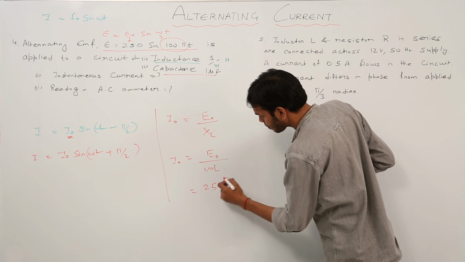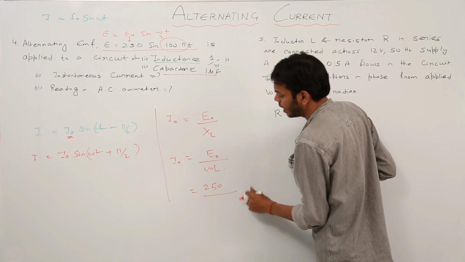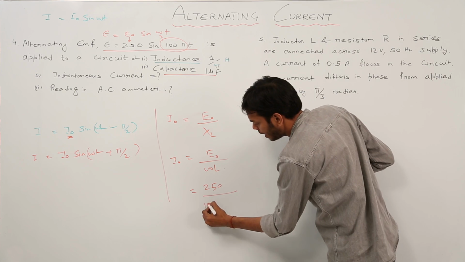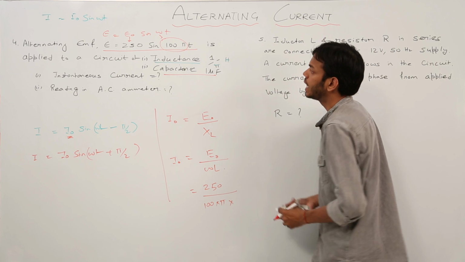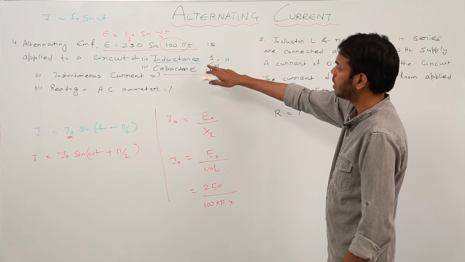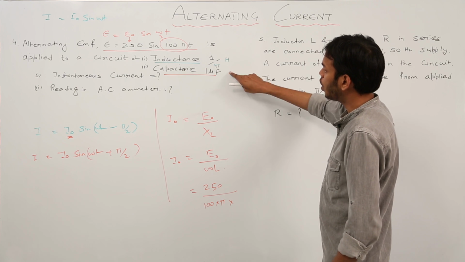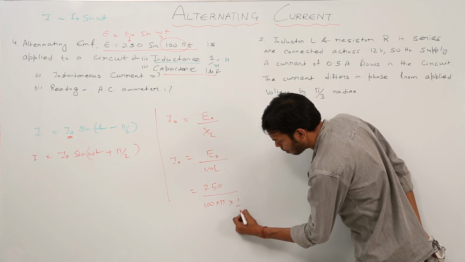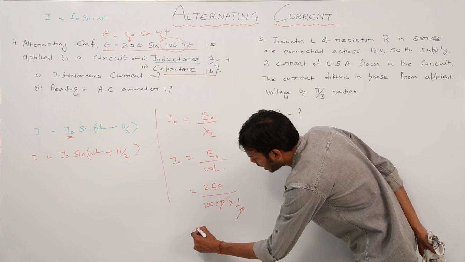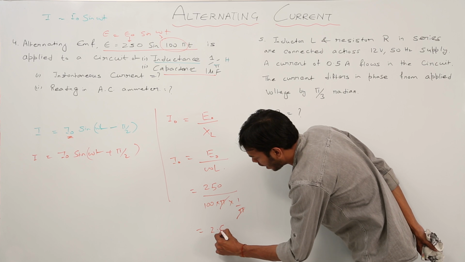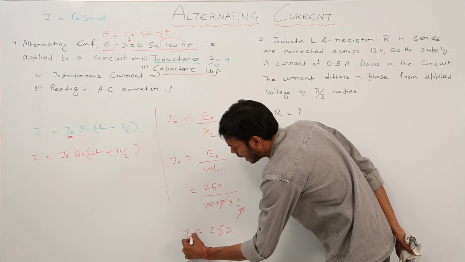So upon omega L, omega 100 pi into L. What is L? The inductance is given, 1 upon pi Henry. This goes, so 250 upon 100, that will leave me 2.5 ampere. This is the value of I naught.